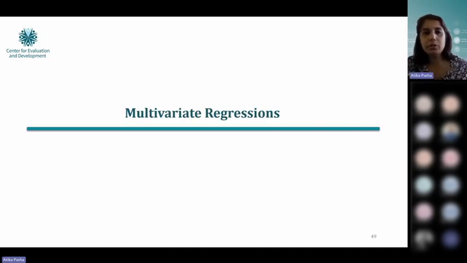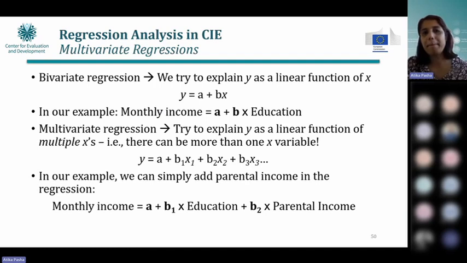To talk about multivariate regressions, we come back to our basic math example where we were looking at the relationship between our x and y with our intercept and our slope of the line, right? Now, a multivariate regression would again draw a line, but not just between these two variables, and also allow you to include additional variables on top.